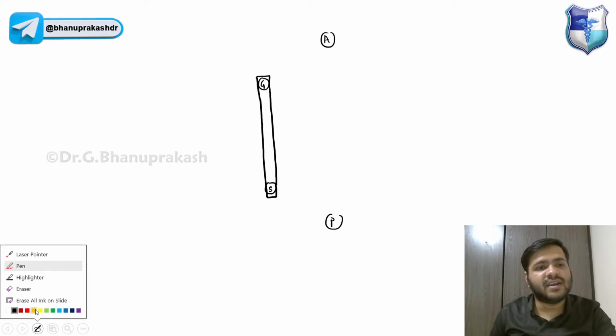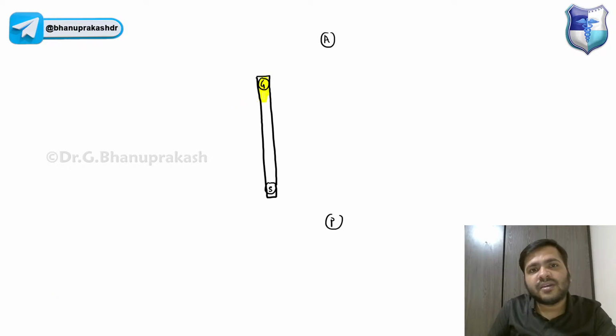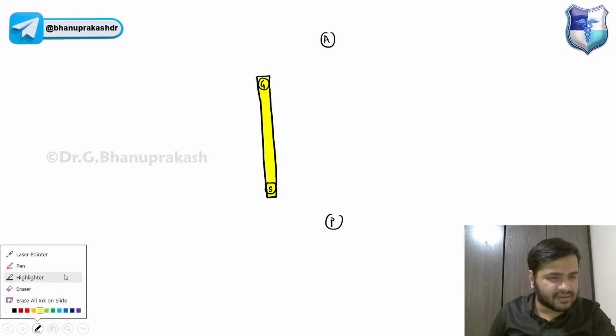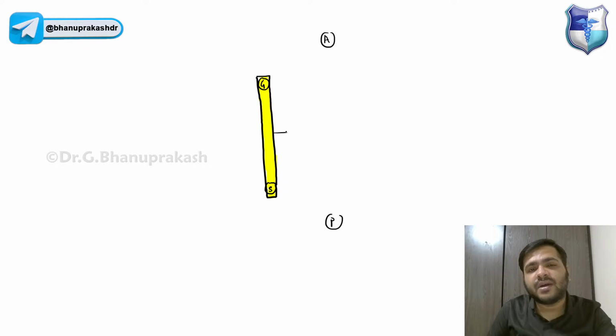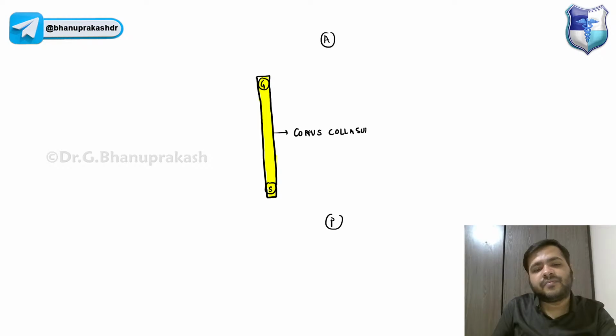Genu is the most anterior part of the corpus callosum, and splenium is the most posterior part of the corpus callosum, right? So you already know this is nothing but the corpus callosum. Now guys, just try to look over here.